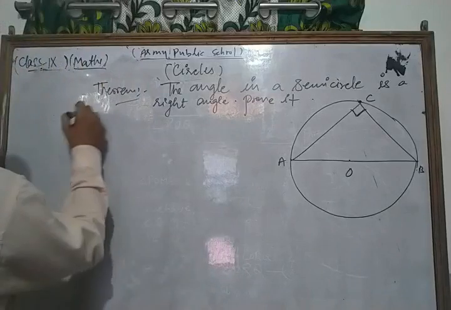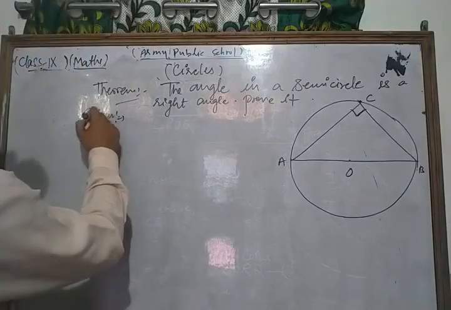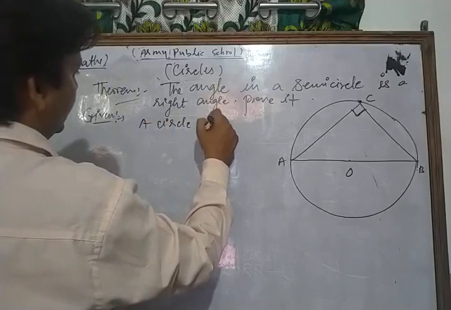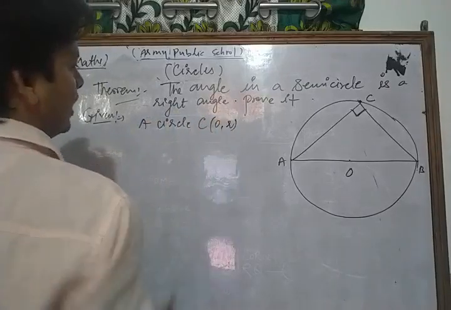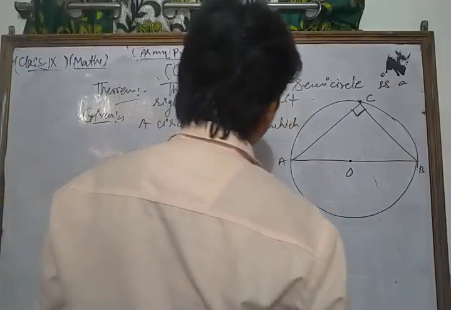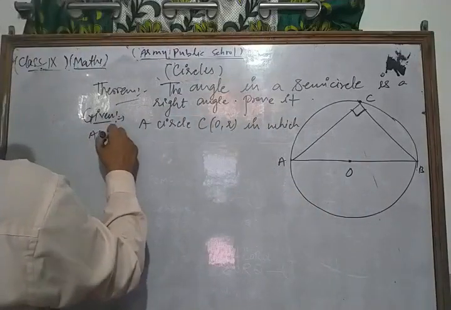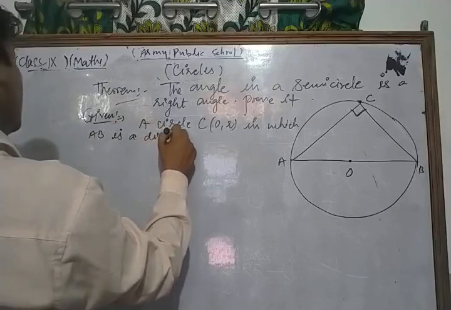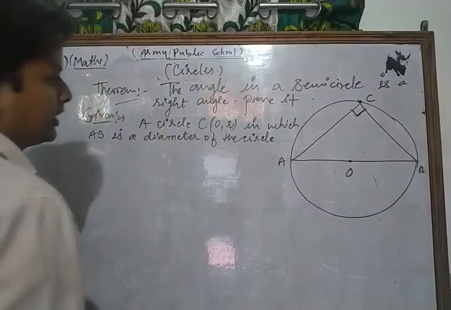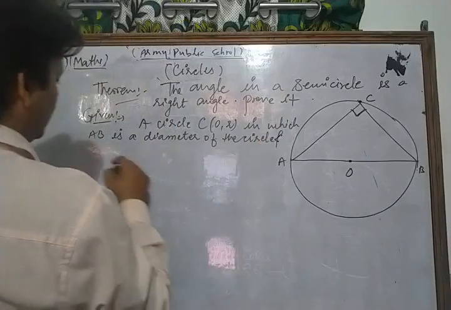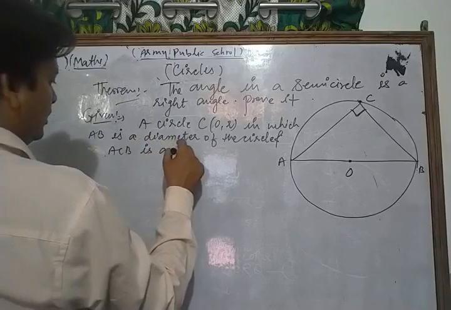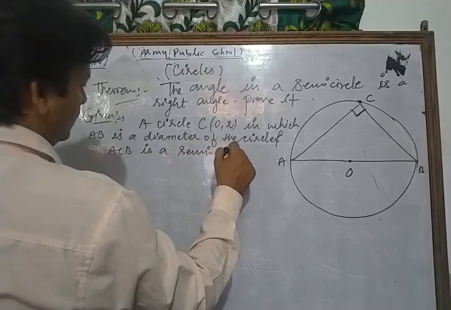Now first of all, we write given. In given we write a circle C with center O and radius R, in which AB is a diameter of the circle, and ACB is a semicircle.